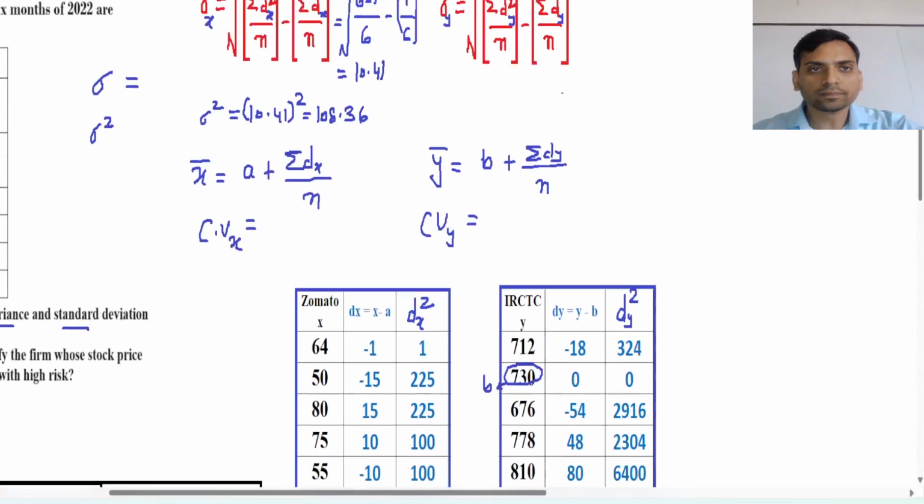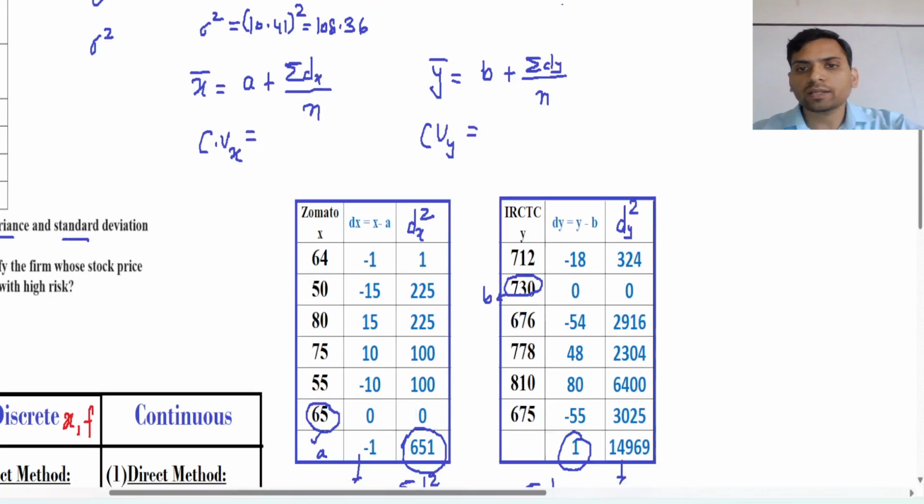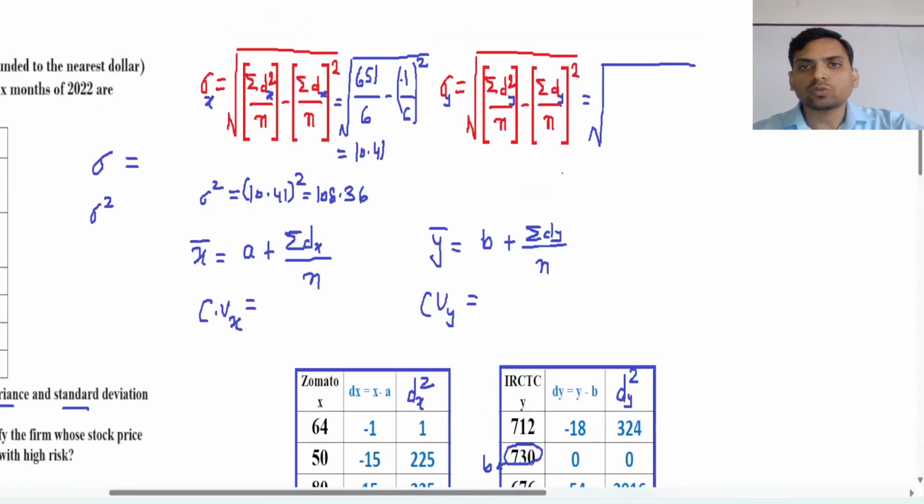So this is minus 1, and you will put now values in this. So this is under root, and summation d square is what? Summation d square is 14969. So this is 14969, and this quantity divided by 6, minus 1 divided by 6, and then square.